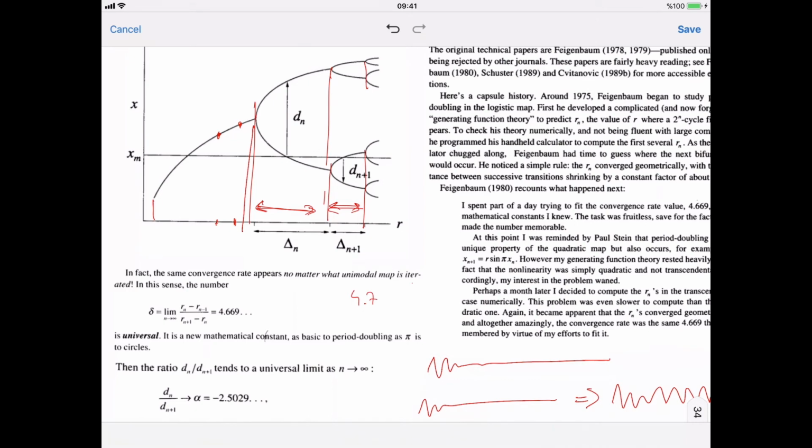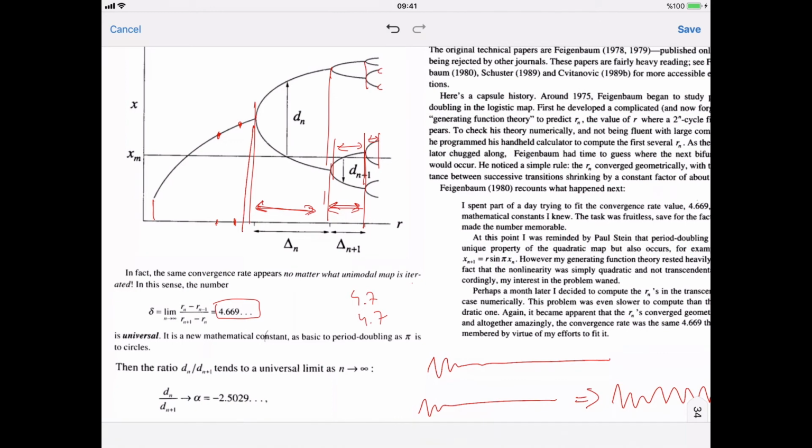Then if I take this length and divide it by this one, I again get something around 4.7. And then if I do that for the even tinier ones, I will still get about 4.7. I mean, as I approach chaos, I will approach this number.